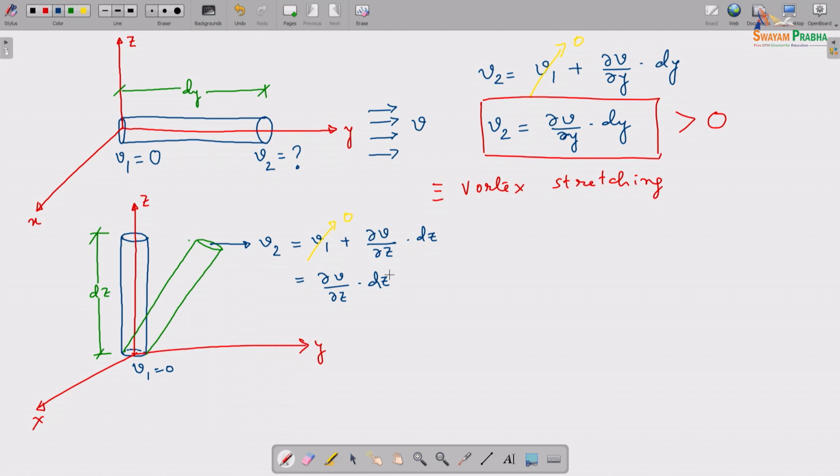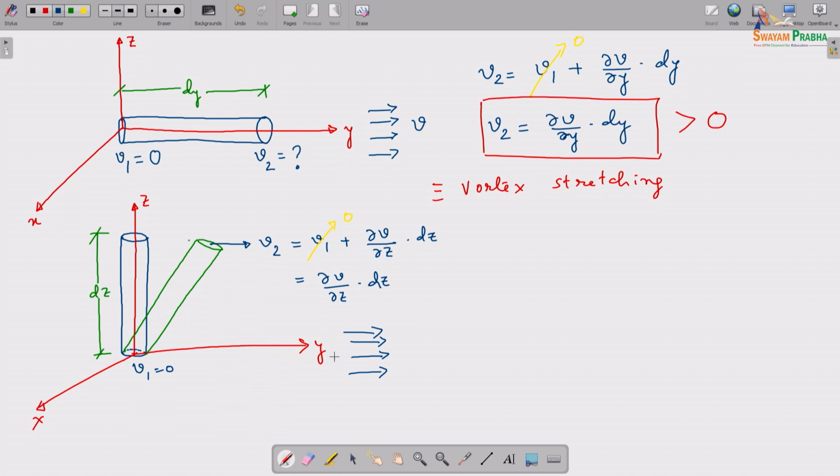Right. Now, this is essentially, if this happens again and if this is a positive value, something like this. Okay, one more thing is that my flow is again, this is the velocity that I am considering.